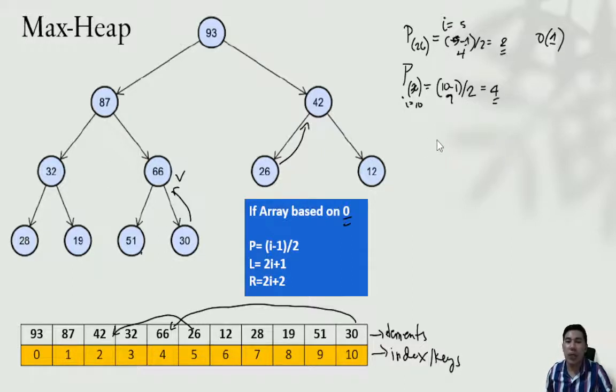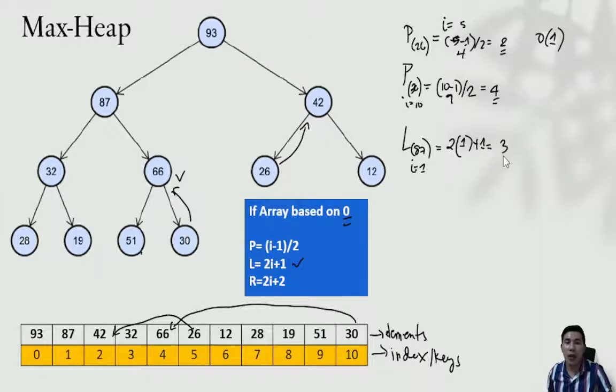Now, how about looking for the child? Using the formula given, let's look for the left child of 87. The index of 87 is 1. So using the formula, you substitute the value of I, which is 1: 2 times 1 plus 1, which is 3.